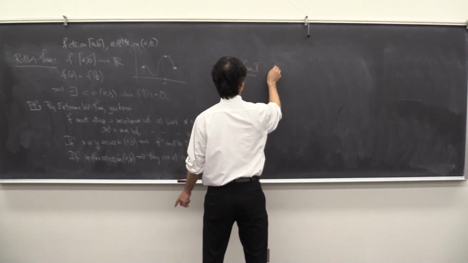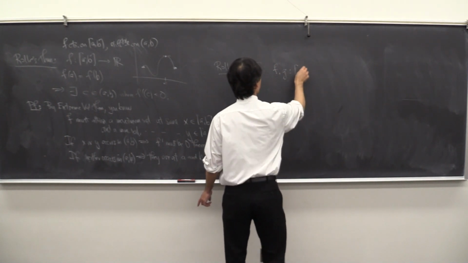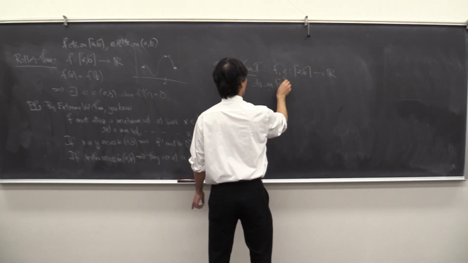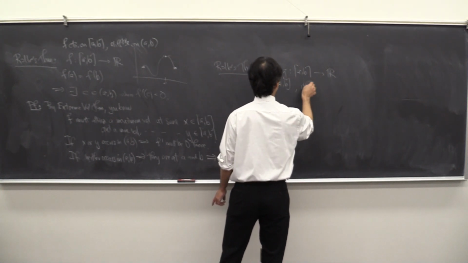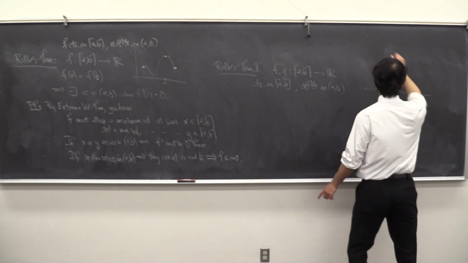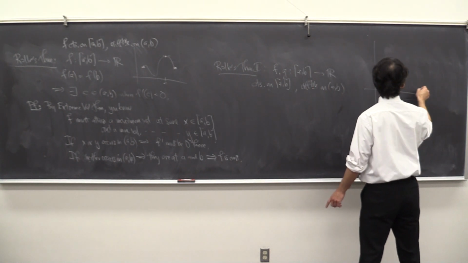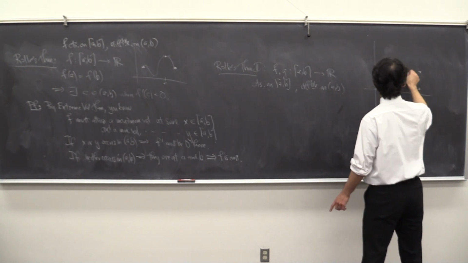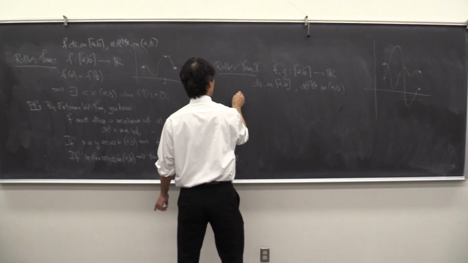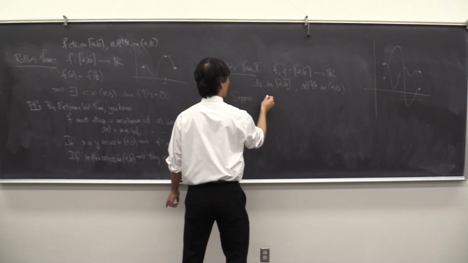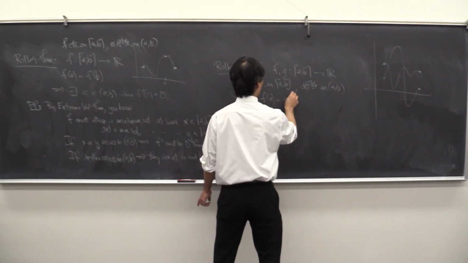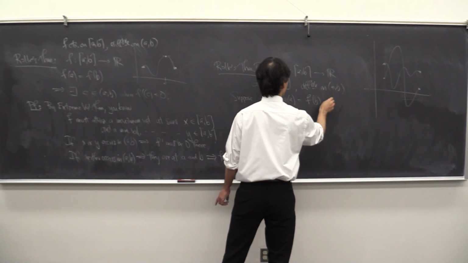Same sort of thing. If you have f, but now we've got two functions. Suppose you have f and g, and they're both continuous on the closed interval and differentiable on the interior. So you've got these two functions, and suppose that f of a minus g of a equals f of b minus g of b.